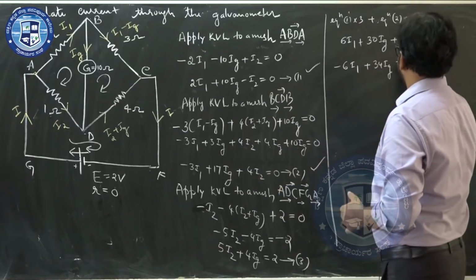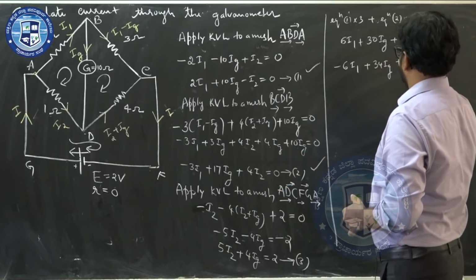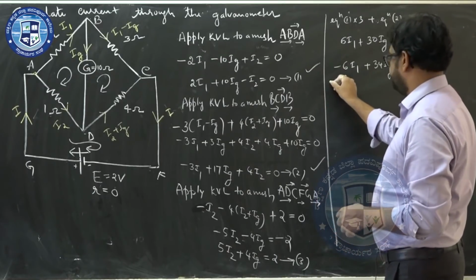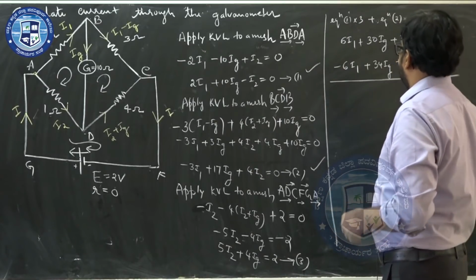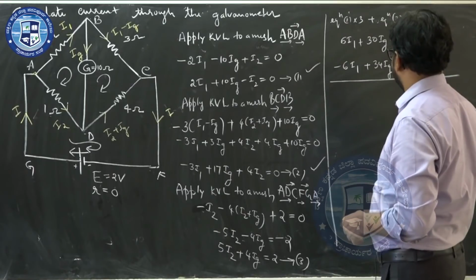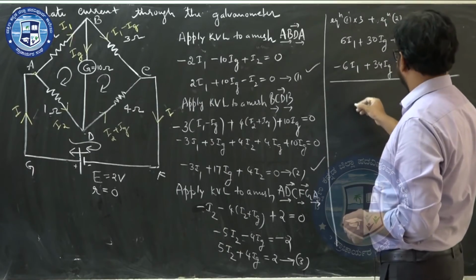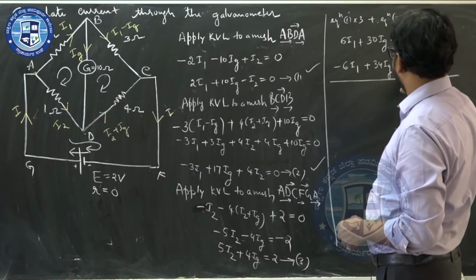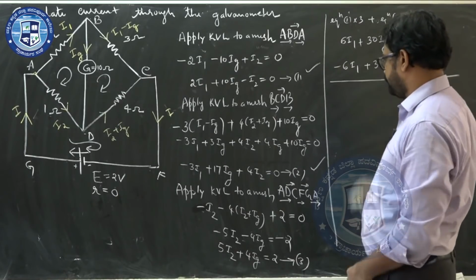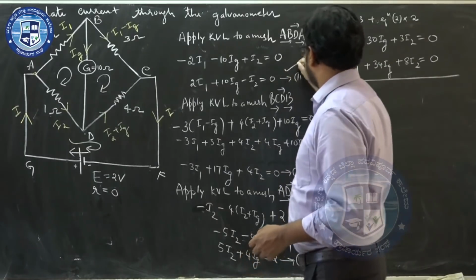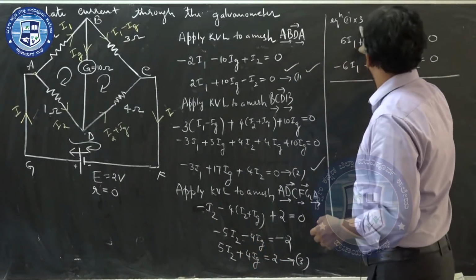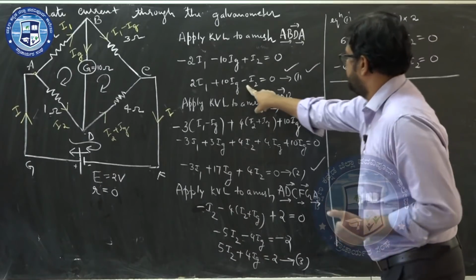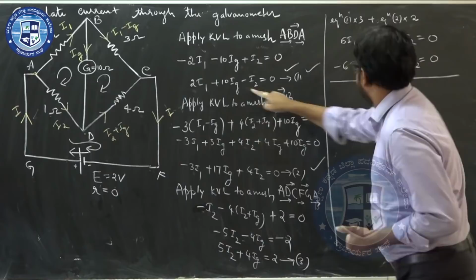And 4 2s are 8 I2 is equal to 0. I have to add. This is 8 I2, this is 3 I2, sorry, this is minus 3 I2, not plus 3, minus 3 I2.